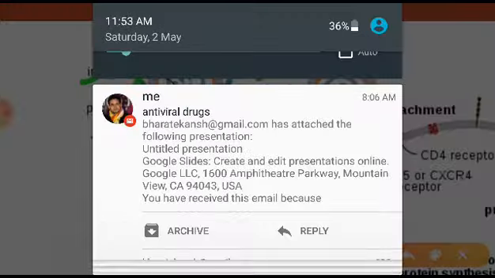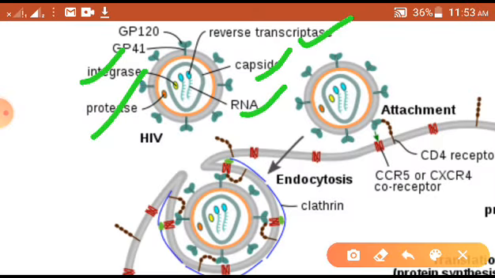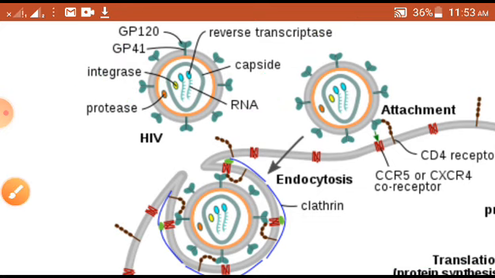And there are two very important things you can find here, GP120 and GP41. These two very important proteins are called the envelope proteins, and they help the virus particle to attach to the host.